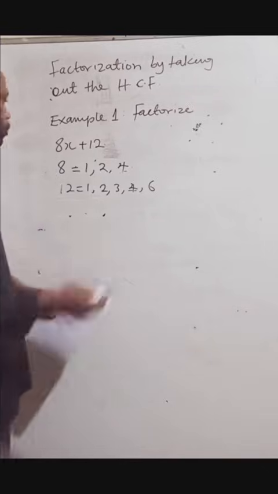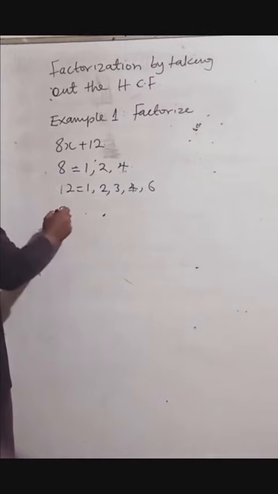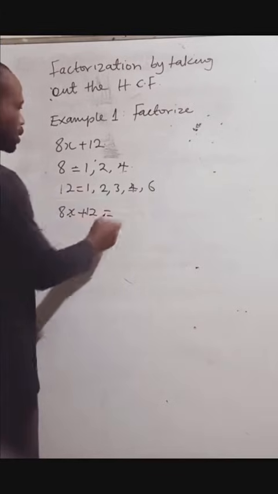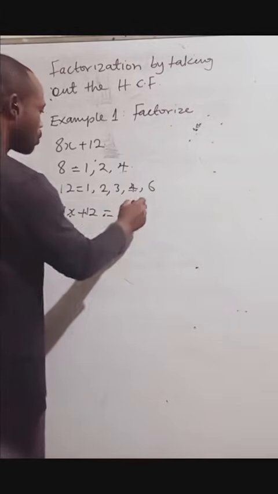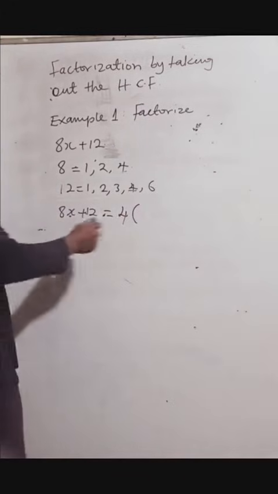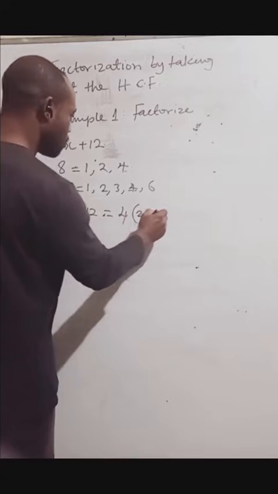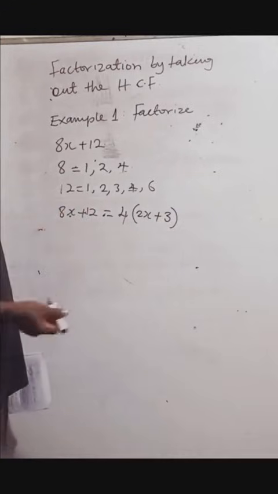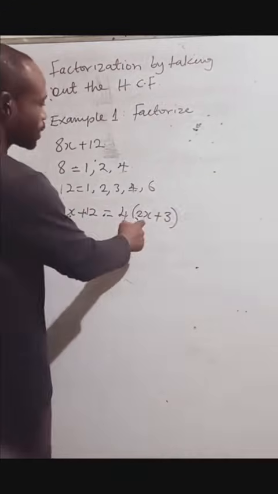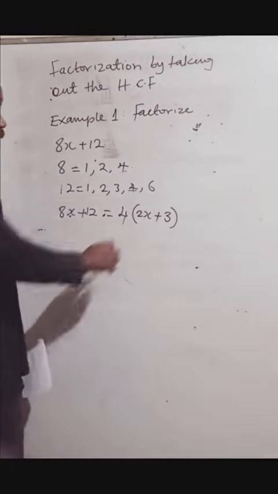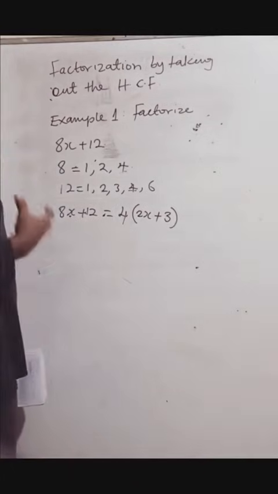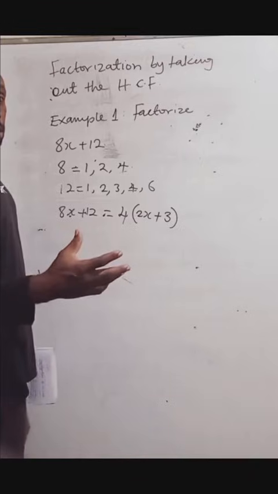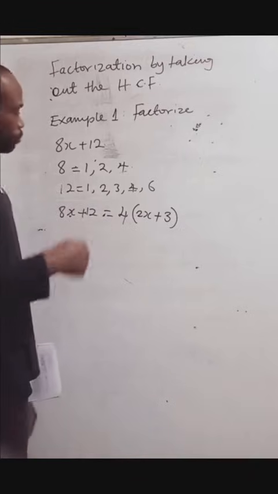Okay? Therefore, 8x plus 12 can be expressed as 4 multiplied by 2x plus 3. Now watch closely. So how did I get 2x plus 3? Here, I have expressed 8x plus 12 as a product. Remember I said product is multiplication.